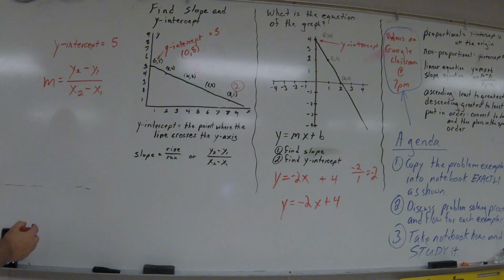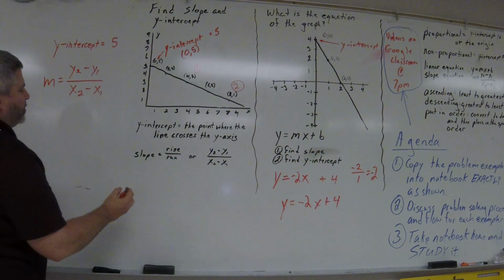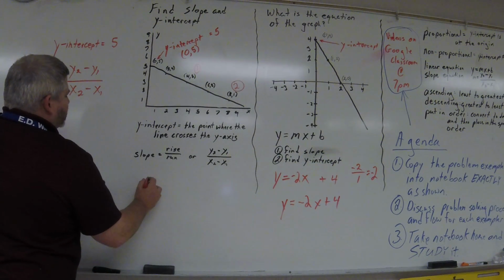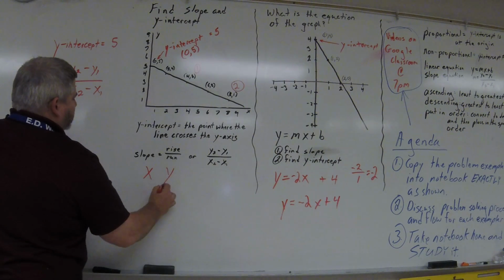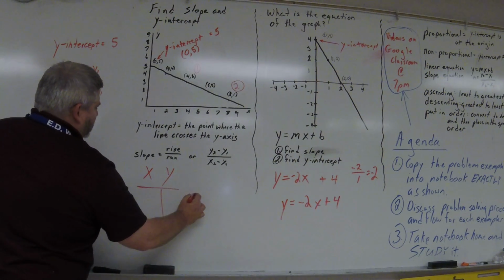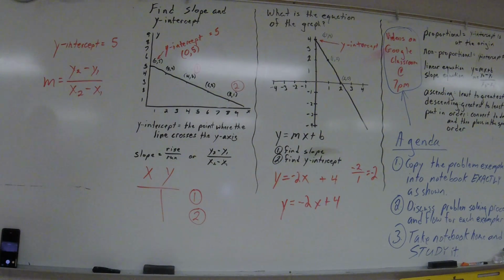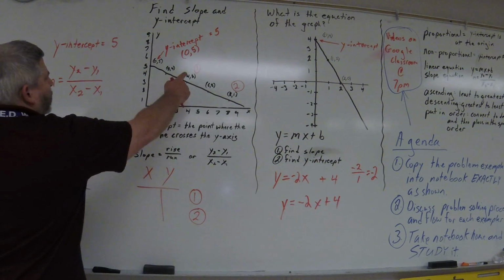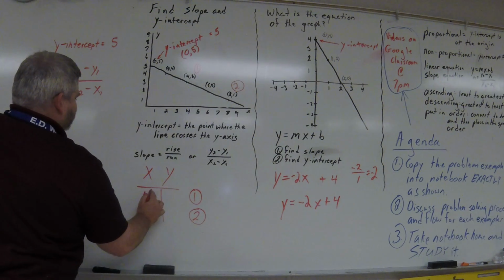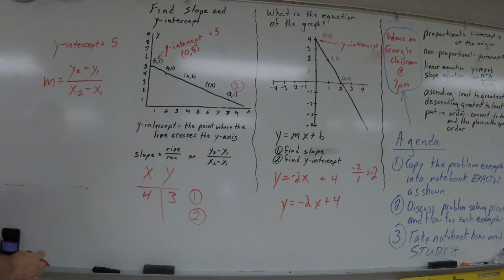So what I want to do is set up a t-chart. X, y, point 1, point 2. This way I know what's y1 and what's y2. Well, here's point 1, and our coordinates are 4, 3.